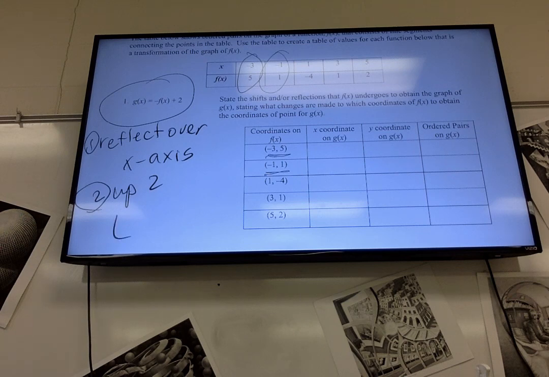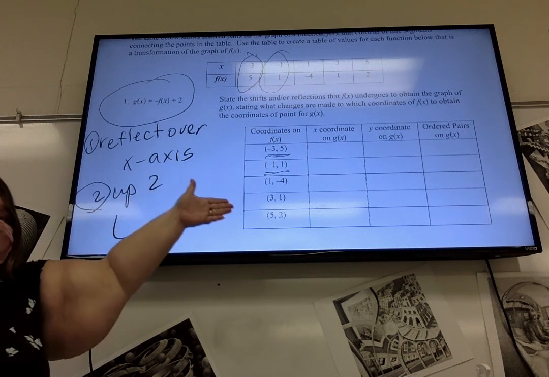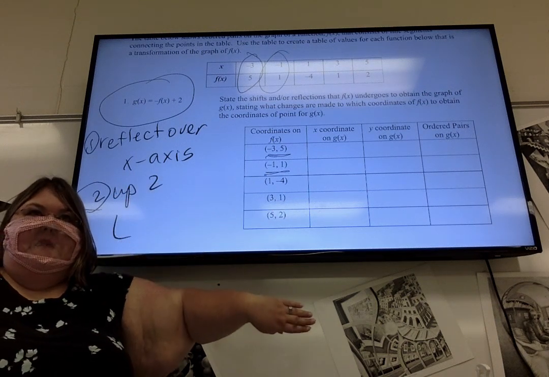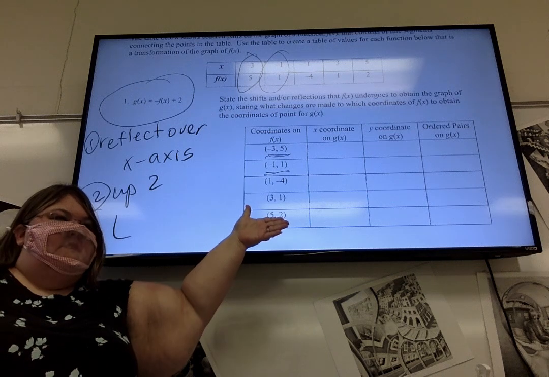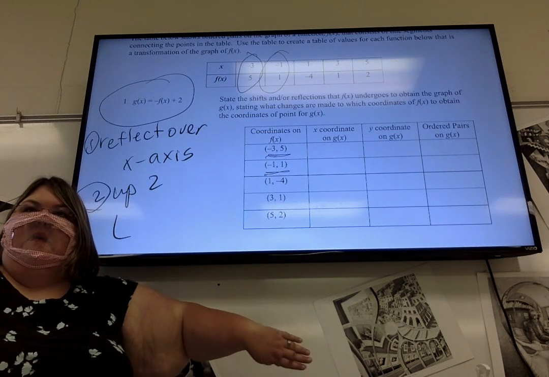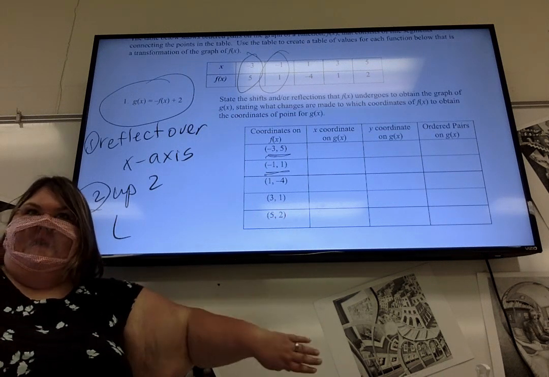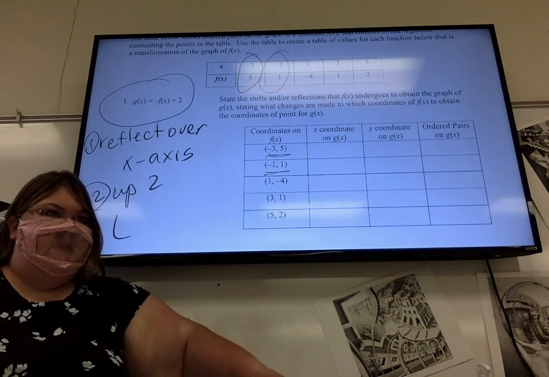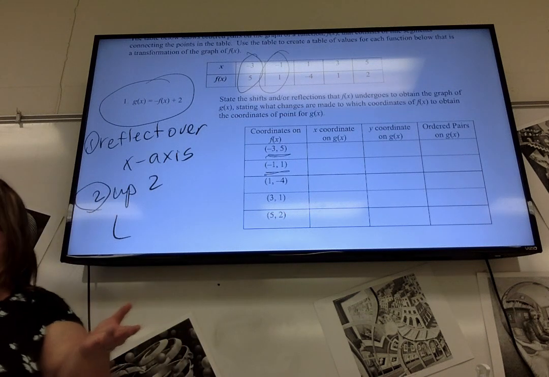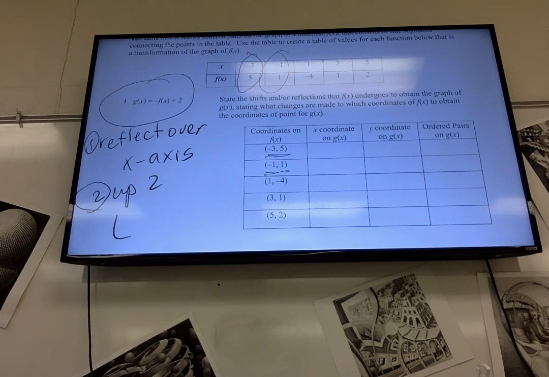So, if I'm reflecting something over the x-axis, it moves from up here to flipping it and being down here. So which one is being changed, the x or the y? The y, because instead of being up here, it's now down here. So it changes it to the opposite. And then this up 2, does that change the x or the y? Up.